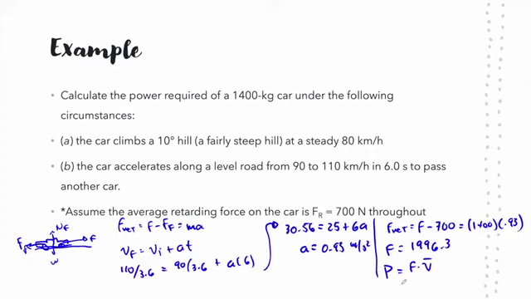But which velocity should I use? Should I use our initial velocity, 90? Should I use our final velocity, 110? Or should I use the average of the two? Well, since we want to pass another car, then our car should be able to supply the maximum amount of power necessary to pass.